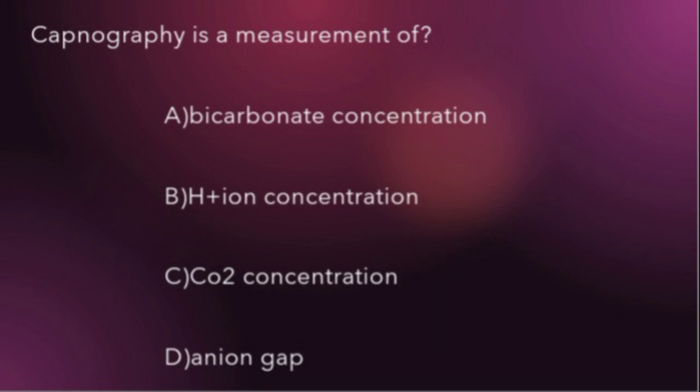Capnography is a non-invasive measurement of PaCO2. That means it shows how much carbon dioxide is present at each phase of the respiratory cycle. So how does it measure? It measures through a metric known as end tidal CO2 or EtCO2. What is the normal range of PaCO2 in blood? That is 35 to 45 mmHg.